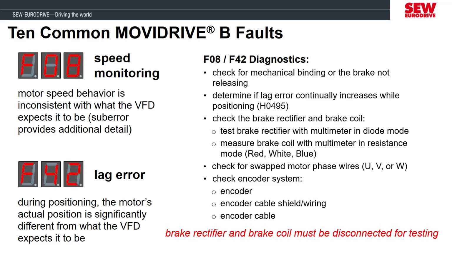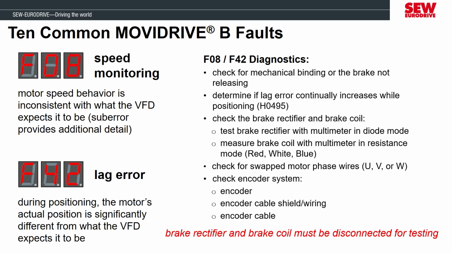Lastly, it is possible for encoder wiring, like the channel arrangement or electrical noise from nearby power cables, to cause the F08 or F42. You should check those items or replace the encoder if you find that it is defective. Back in the video for session 5, we discussed how to diagnose the encoder, brake coil, and motor phases.